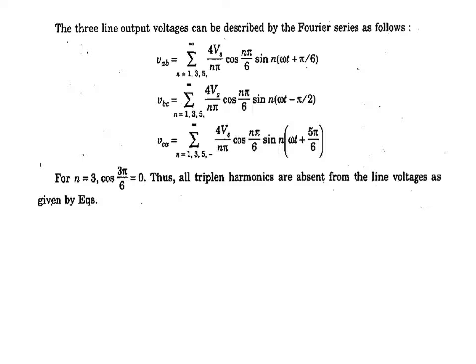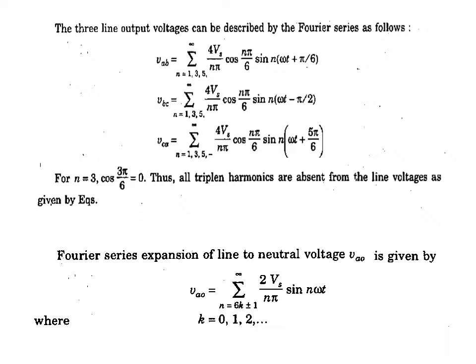Similarly, the Fourier expansion of the neutral voltage, that is VA0, is given by the equation VA0 equal to summation n equal to 6k plus or minus 1 to infinity, 2 Vs divided by n pi, sin n omega t, where k is equal to 0, 1, 2, 3, and so on.